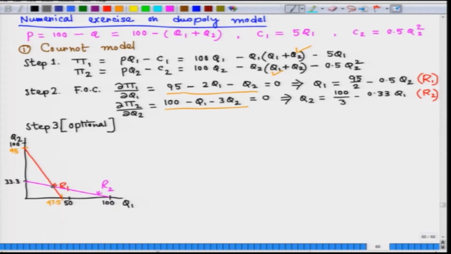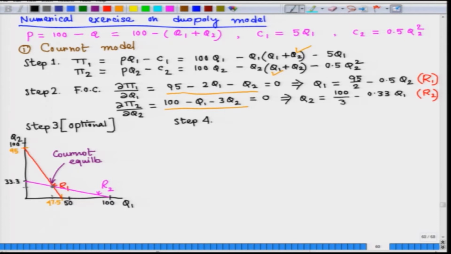So, one can read from the graph that it is going to be close to 20 and close to 40, but let us find the exact numbers, right. So, then basically I move to step number 4, which is finding the exact value of the coordinate of the Cournot equilibrium, right.